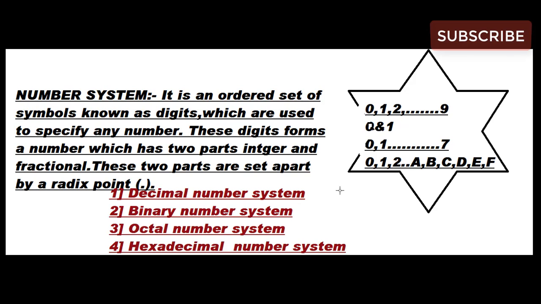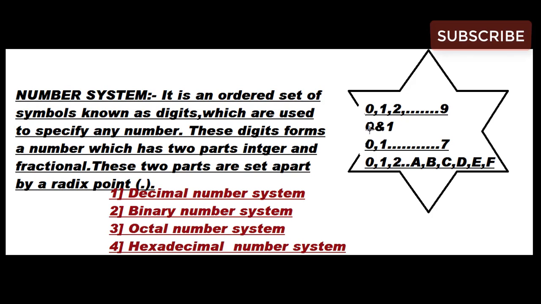As in the figure, you can see some sets of symbols which are specified as numbers, known as number systems. If the set of numbers is like this, then it is known as the decimal number system, meaning the numbers starting with 0 and ending with 9.